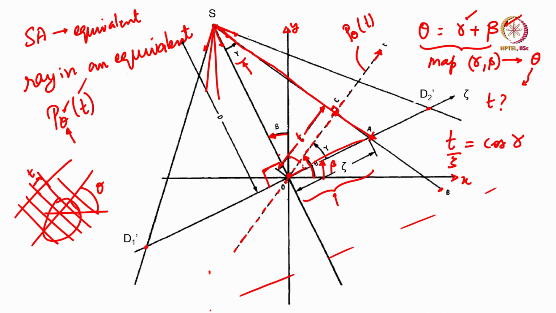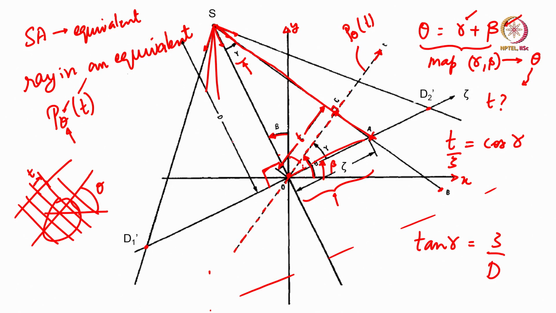If you knew equiangular you knew what gamma was, but now if you have an equispaced detector you can get gamma simply by writing tan gamma is zeta by d. Tan gamma in this triangle is zeta here divided by d, the distance of source to detector.